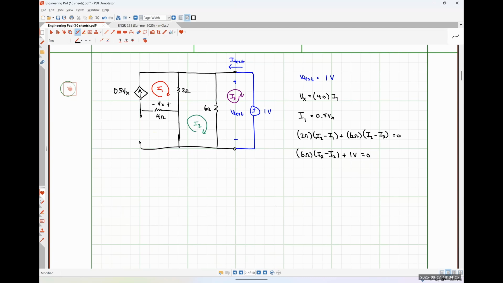I'm going to play around with this guy just real quick. So we have I1 is equal to 0.5 Vx. So that would be I1 is equal to 2 I1, because 4 I1 times a half is 2 I1. And so if we have I1 is equal to 2 I1, that essentially just means that I1 has to be 0 amps.